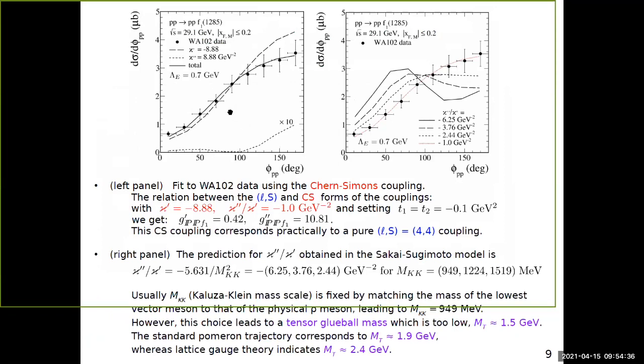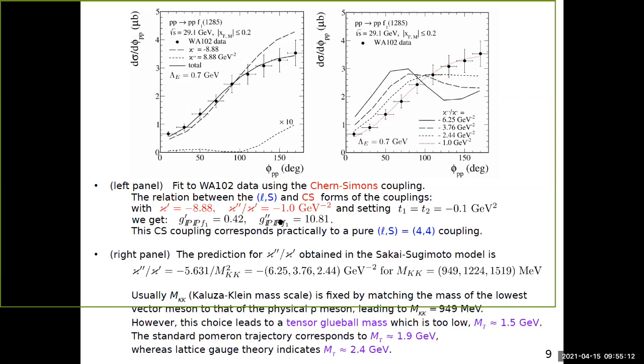This result is for the ratio of the coupling ratio of pomeron F1 double prime to prime, minus 1 GeV to minus 2. So it's possible to give a relation between the LS and CS Chern-Simons forms of the couplings with these numbers obtained from the fit to data, and setting small t, we get these coupling constants.